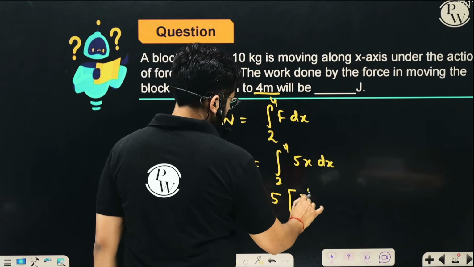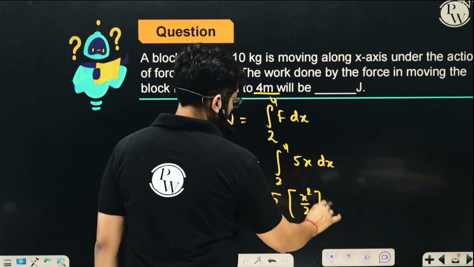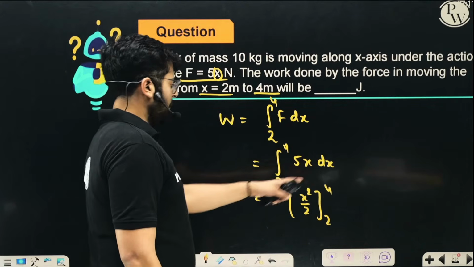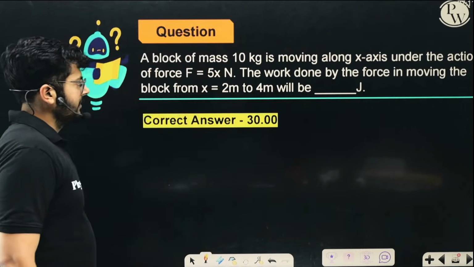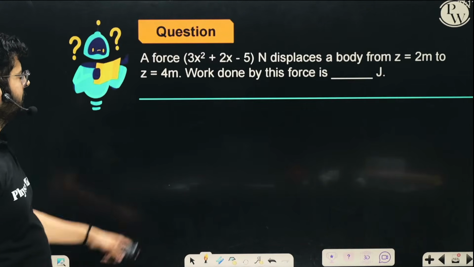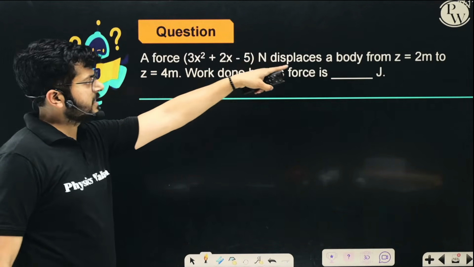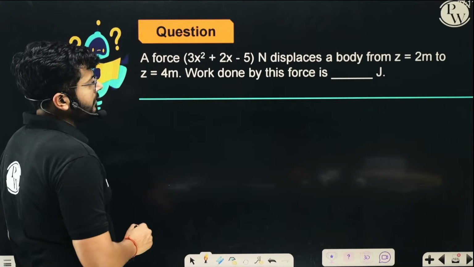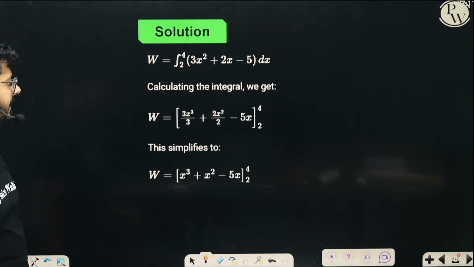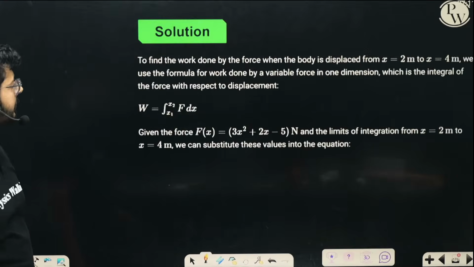We have x square by 2. Put upper limit minus lower limit and that is going to be your answer. Not very difficult: integrate it and put the limits.